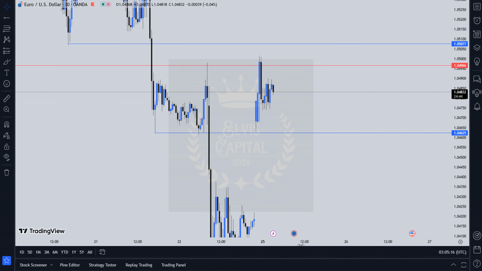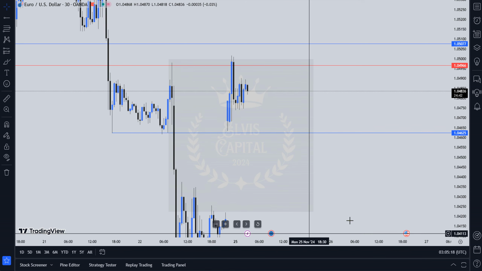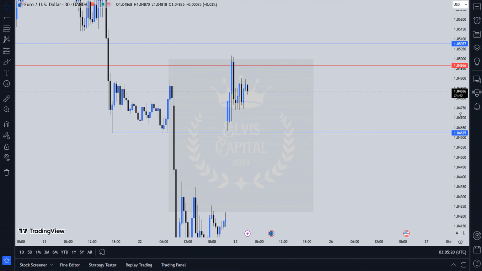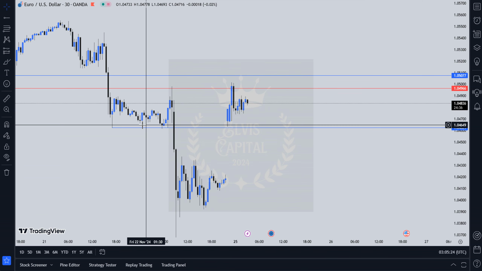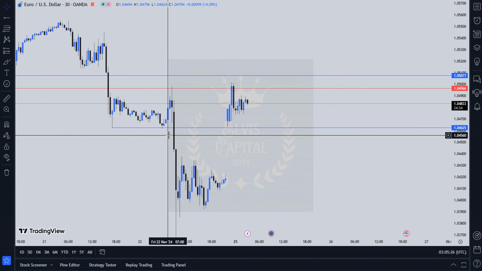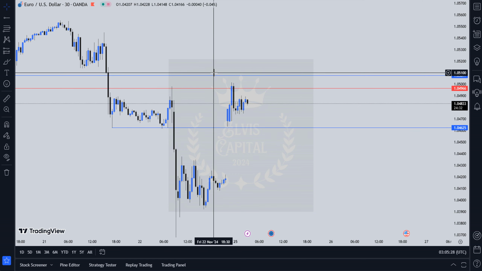This really shows us something crucial, because as today is a Monday, we shall wait for price to see how price plays out in these levels over here.